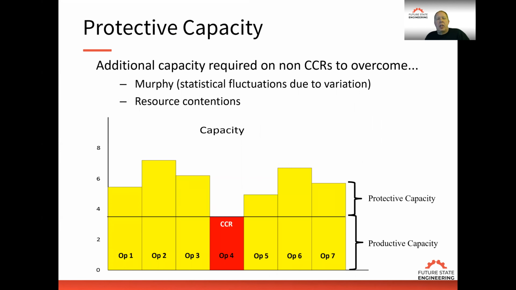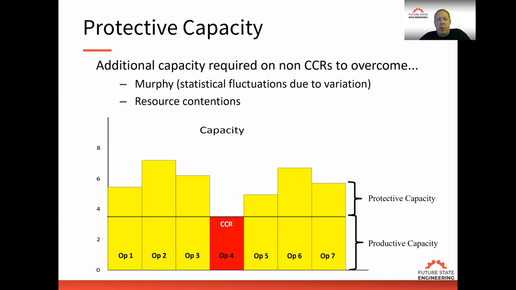In addition to productive capacity, we have protective capacity. So protective capacity is the capacity above the resource with the least amount of capacity in the value stream. So in this case, if I have 7 operations, operation 4 determines the pace of the flow. All other resources have more capacity than that resource.